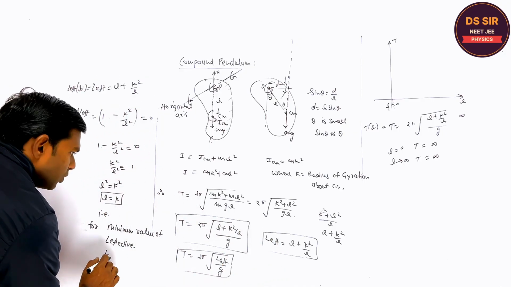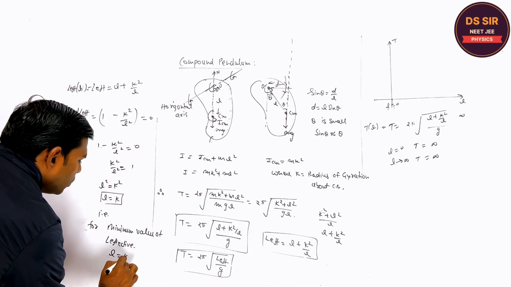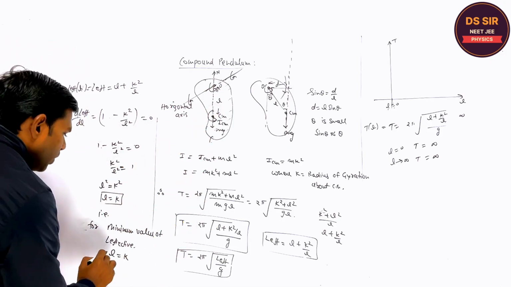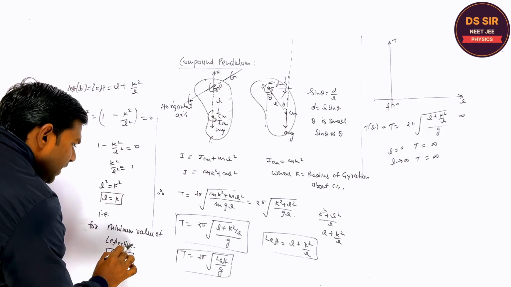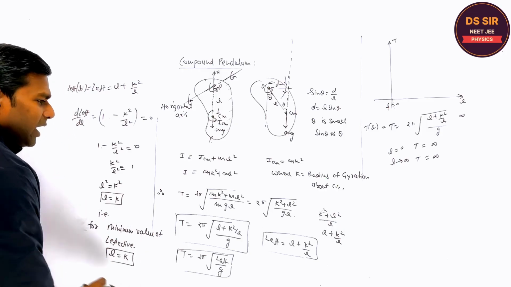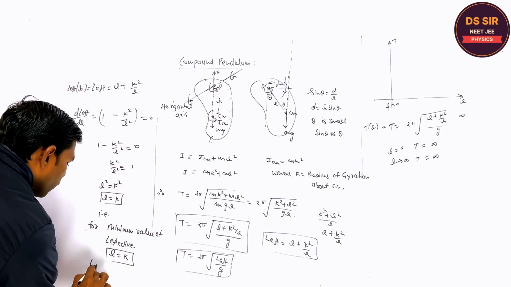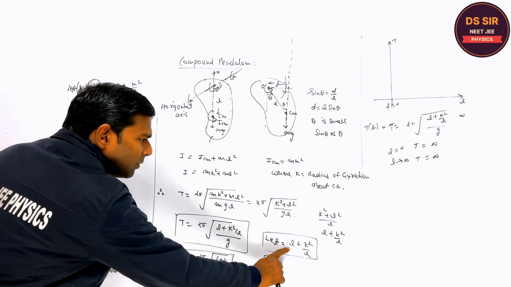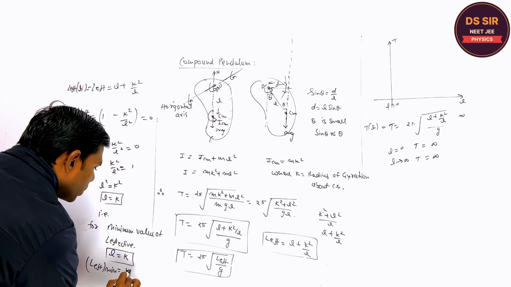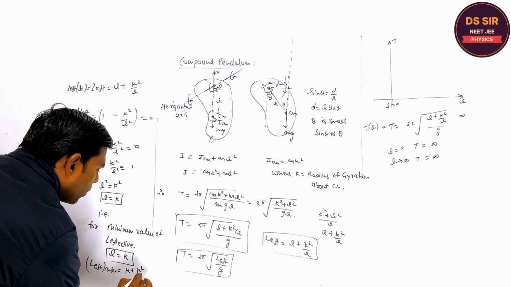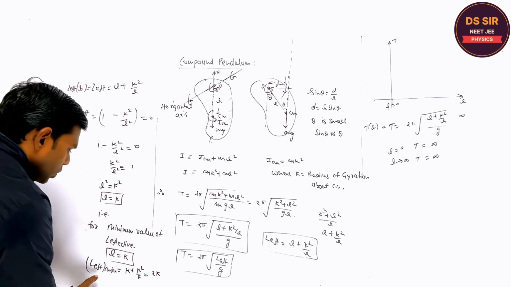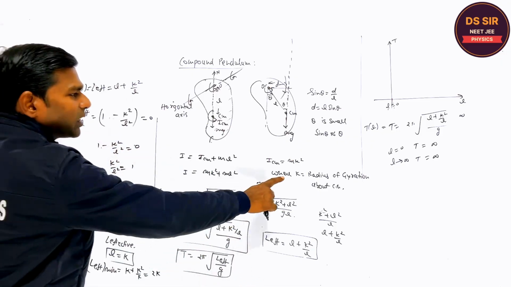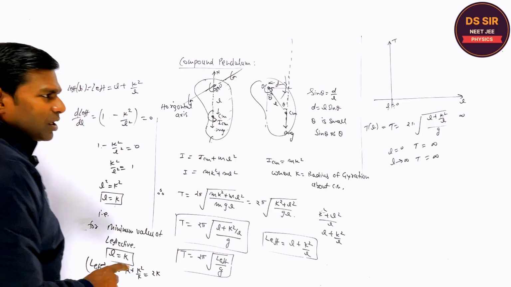The small L value must be equal to K for the minimum value of effective length. And what is the minimum value of the effective length? It is minimum when L is equal to K. So K plus K square upon K is equal to 2K. So the minimum value of effective length is equal to 2K, where K is the radius of gyration.